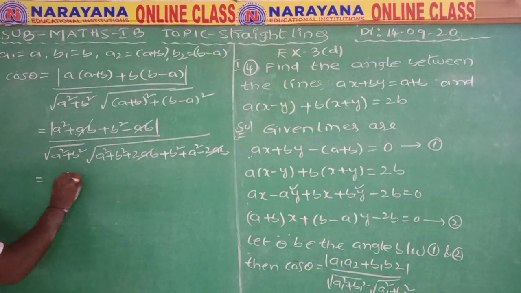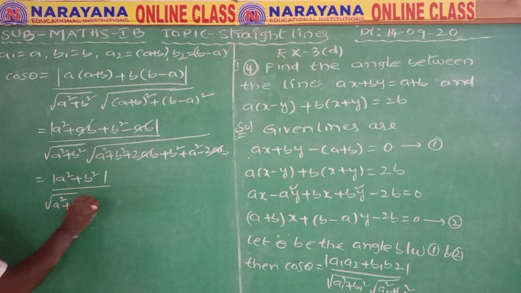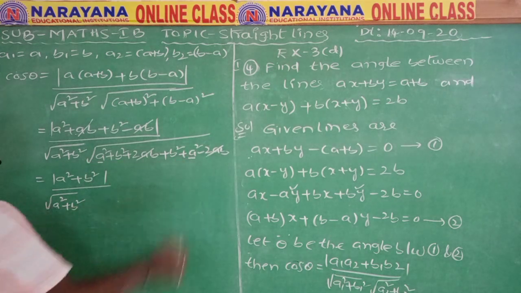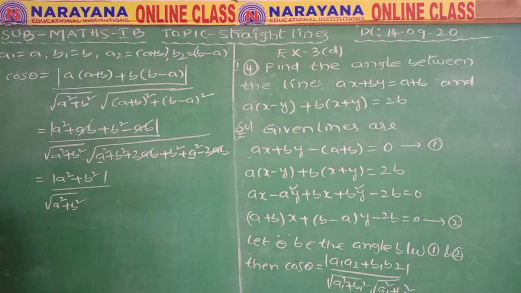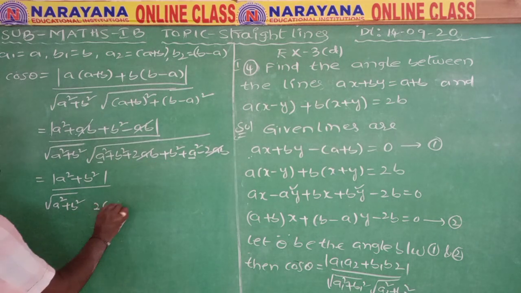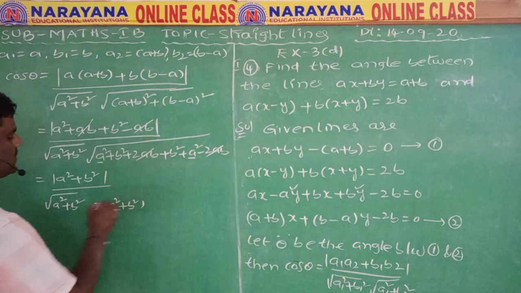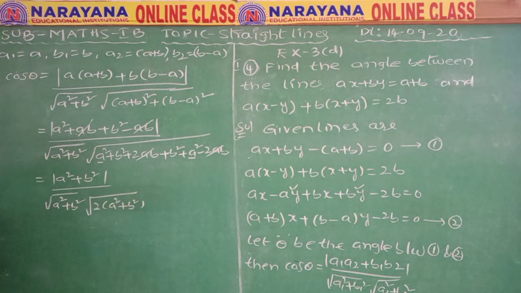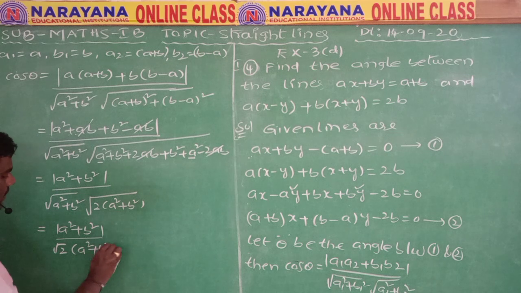Now we have a square + b square by, write a square + b square. Here a square + a square is 2a square, b square + b square is 2b square. That's why 2 times (a square + b square) under root. That is equal to (a square + b square) by root 2 into root of (a square + b square) into root of (a square + b square).